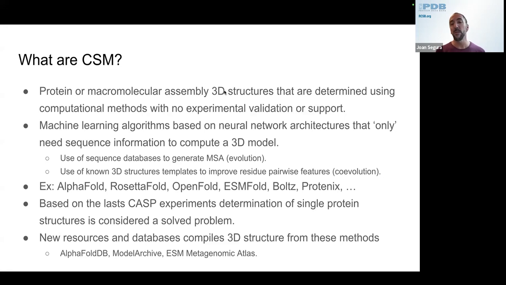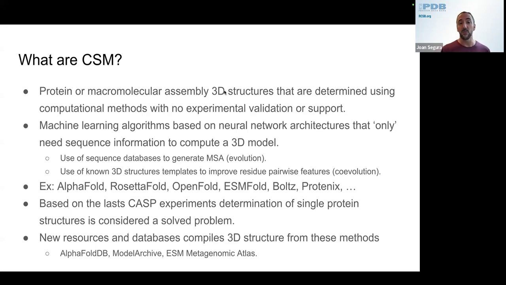From the point of view of CASP, the problem of predicting a single protein chain is considered solved. Of course, we have to be quite careful here, because this doesn't mean that these methods replace experimental techniques, because CASP has a really specific way of evaluating protein structures. So it's considered solved from the CASP point of view.